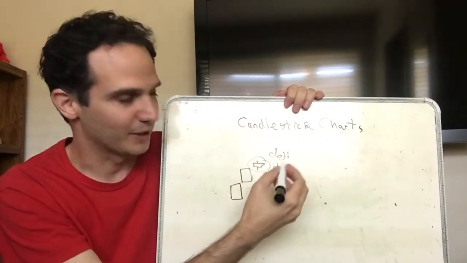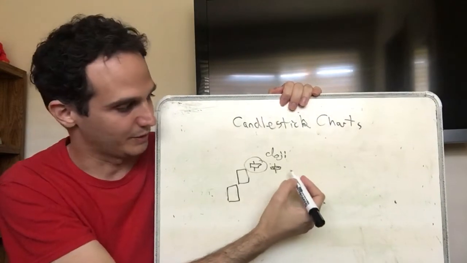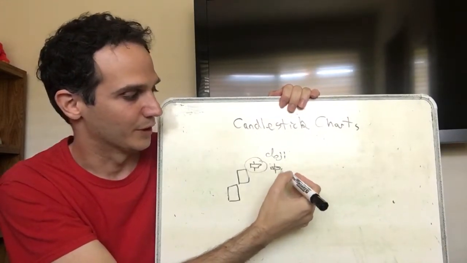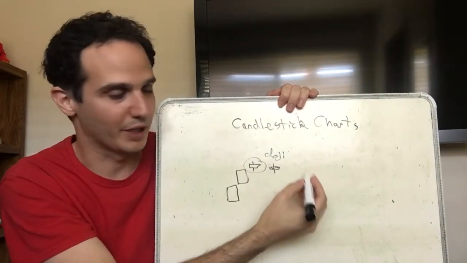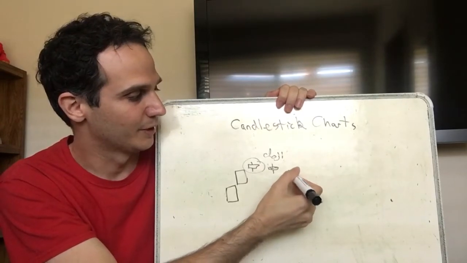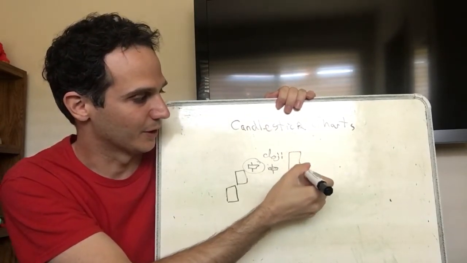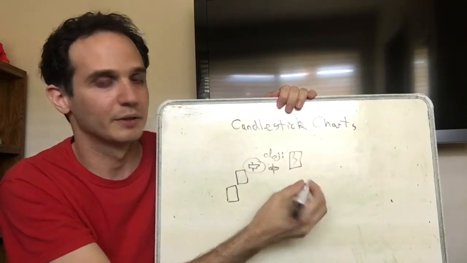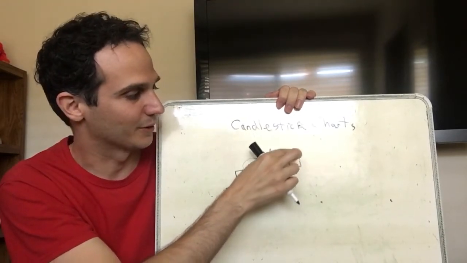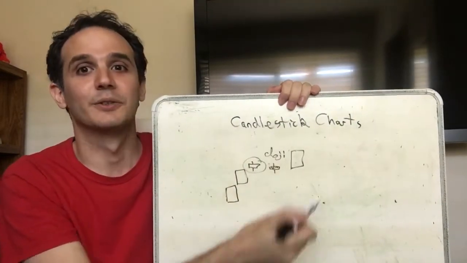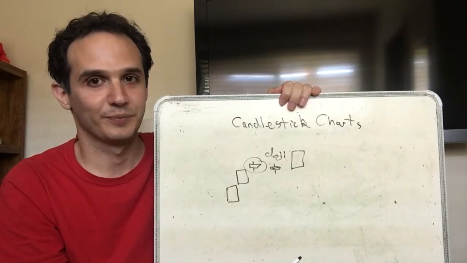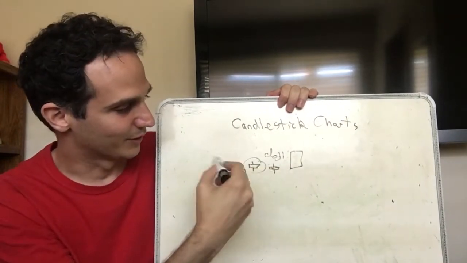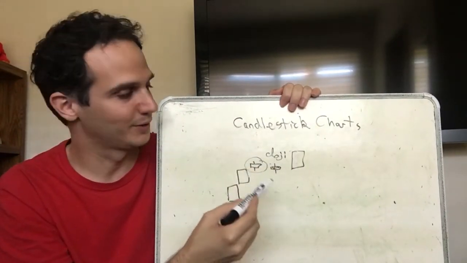Because maybe you might think, oh, it might be going down now, but if you didn't wait for a bearish confirmation, the market might continue to go up again. Okay, so those are dojis.